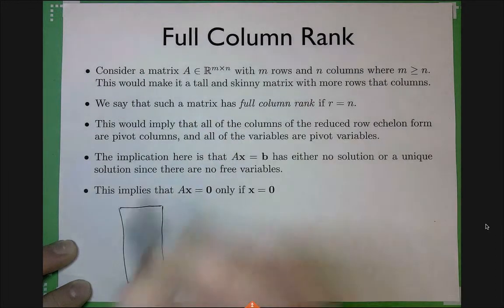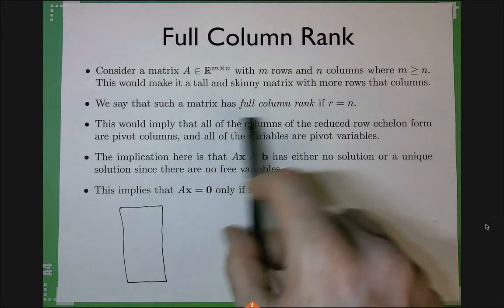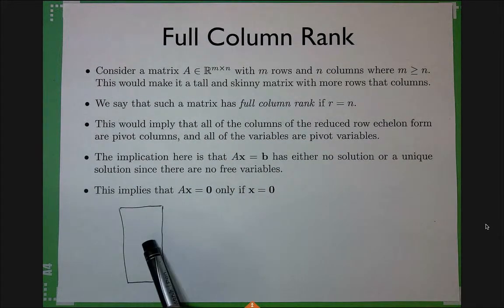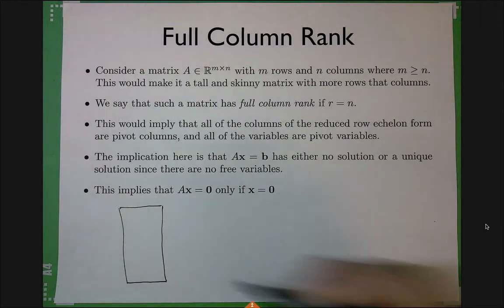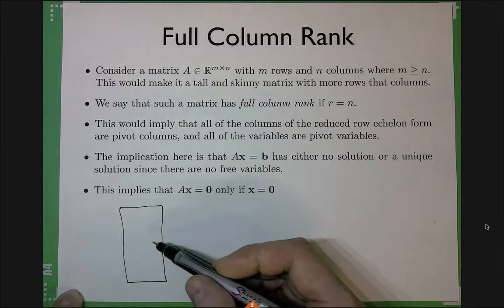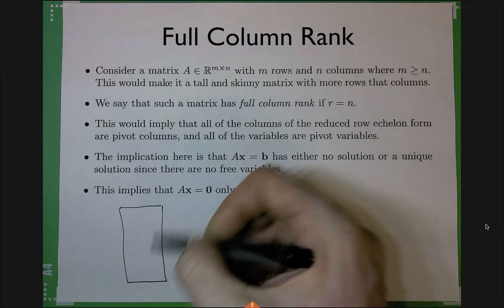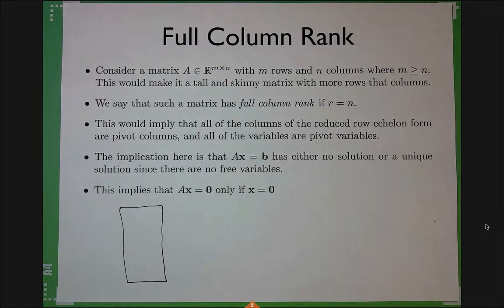So it's a tall and skinny matrix. And we say that this matrix has full column rank if the rank is equal to the number of columns, if it's the maximum possible rank, right? We know that the matrix cannot have higher rank than the number of columns. So if it is exactly the number of columns, it's full rank. It wouldn't have to be full rank, though. There could be some zero columns, in which case we would not talk about a full column rank matrix.